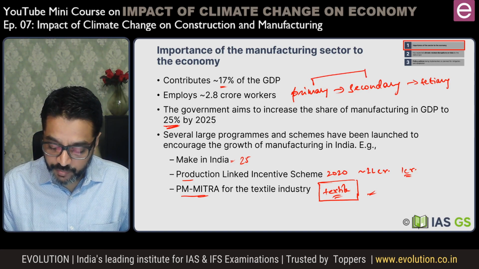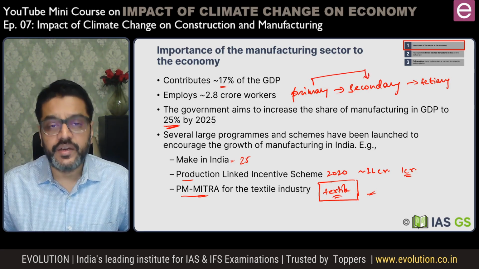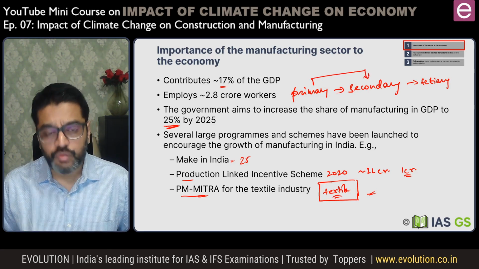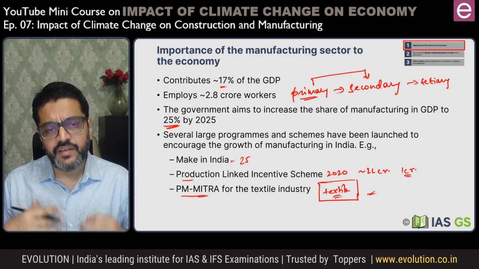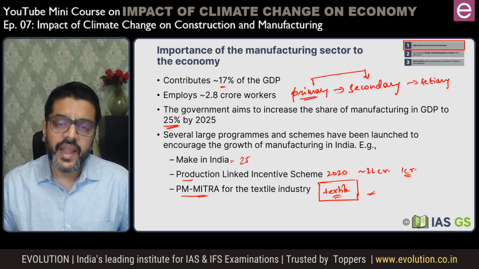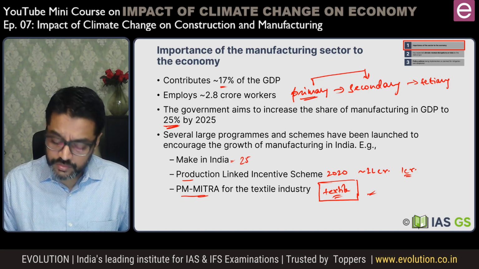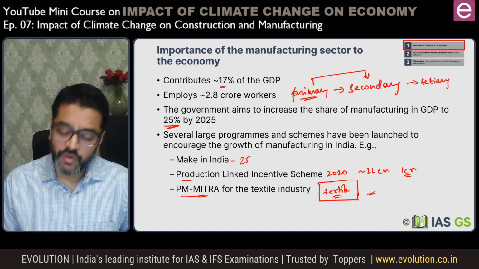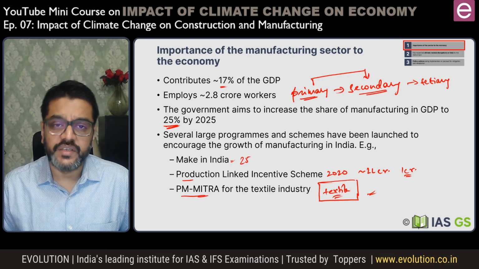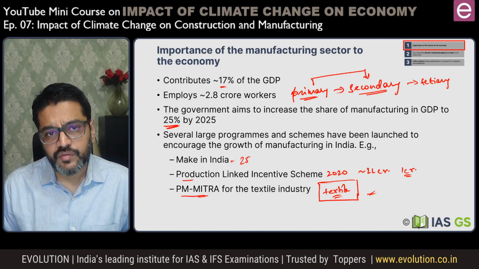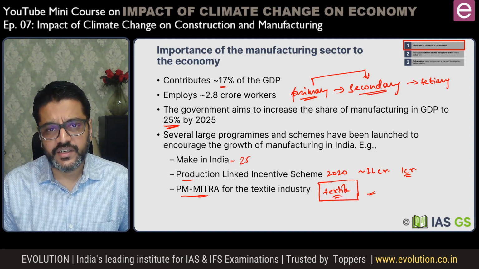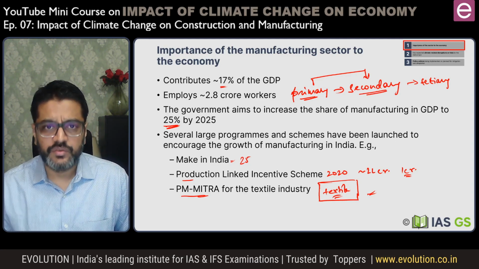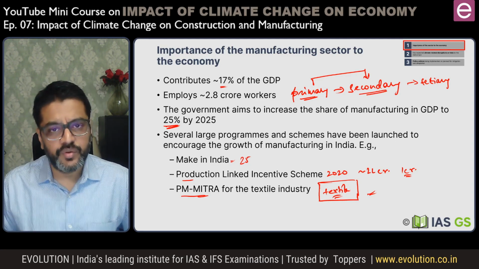So this move from primary to secondary is very important in terms of creating a large number of good quality jobs. Jobs in the primary sector involve a very high degree of labor and generally pay less. So what happens as societies evolve is that as manufacturing base is created, a large part of your workforce moves from the primary to the secondary sector, and their incomes increase. So overall as a society, you become more prosperous.